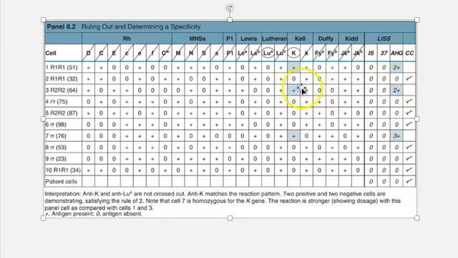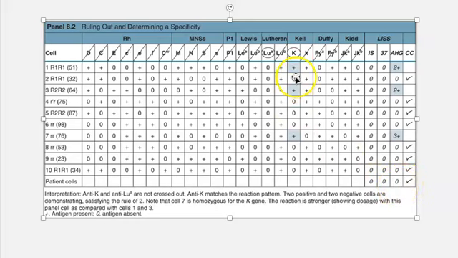Donor 3 has the antigen and we had a reaction here with our patient, and so on as you go down the line. So once you have ruled out all of the antigens that you could possibly rule out, the next thing that you're looking for is if you've got some antigens that you have not ruled out, do any of the patterns match the reactivity that you obtained with your patient testing?